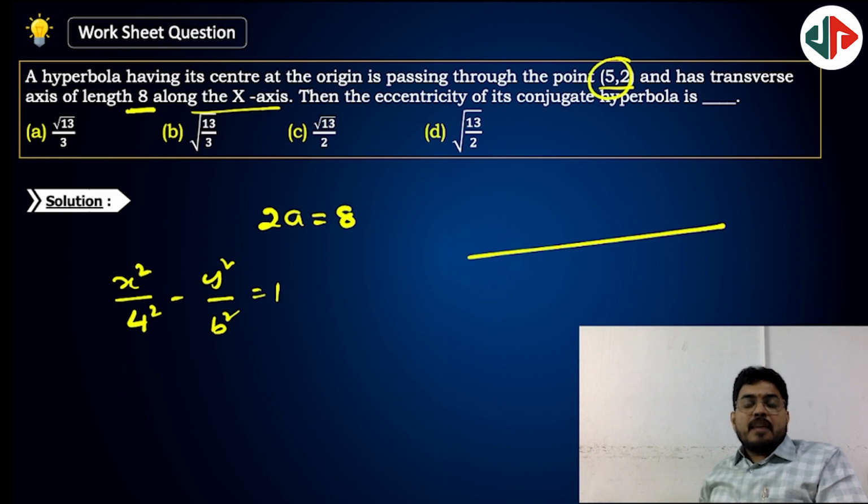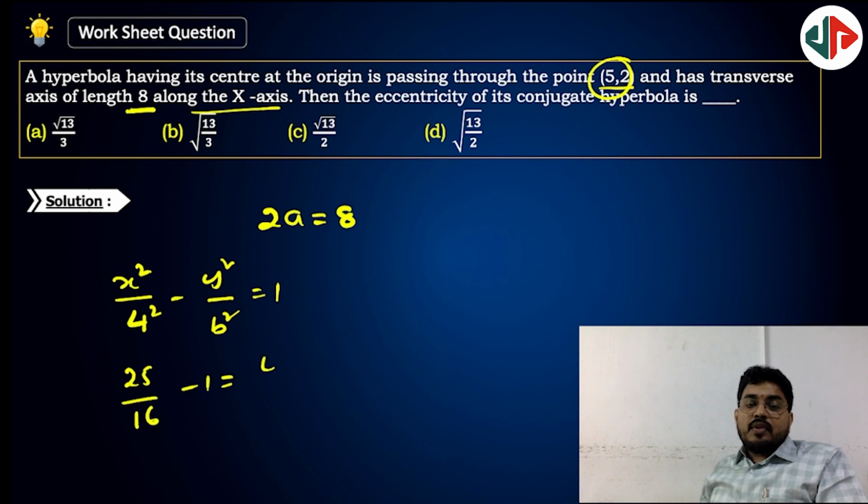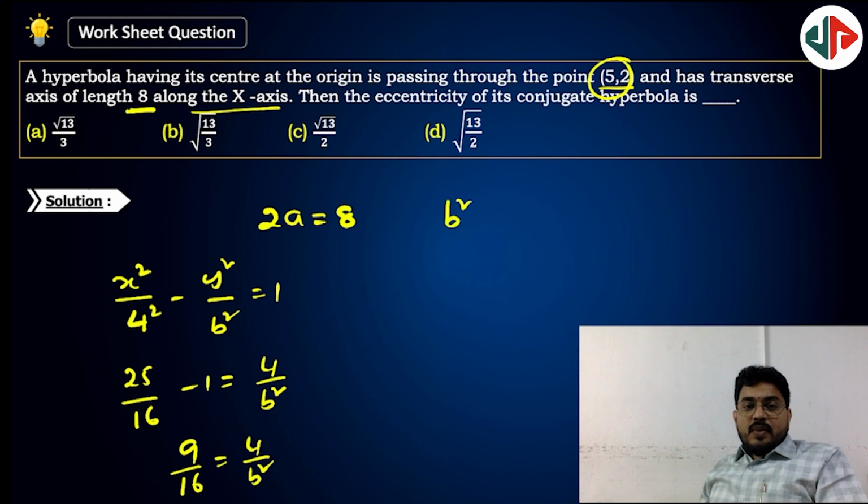It is passing through (5, 2). So 25 by 16 minus 1 is equal to 4 by b square. 9 by 16 is equal to 4 by b square. So 1 by b square is equal to 9 by 64.